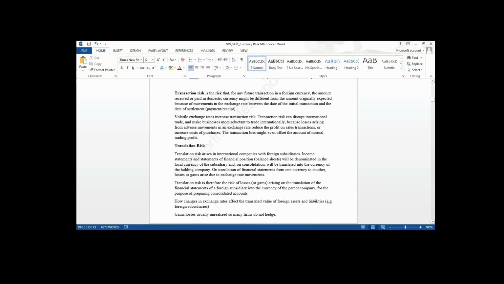The assets and liabilities of MultiChoice Nigeria denominated in Naira will be converted to South African currency. The accounts of MultiChoice Ghana denominated in cedis will be translated to rand. In the process of translating these assets and liabilities to the parent company's currency, there could be translation risk or translation exposure.